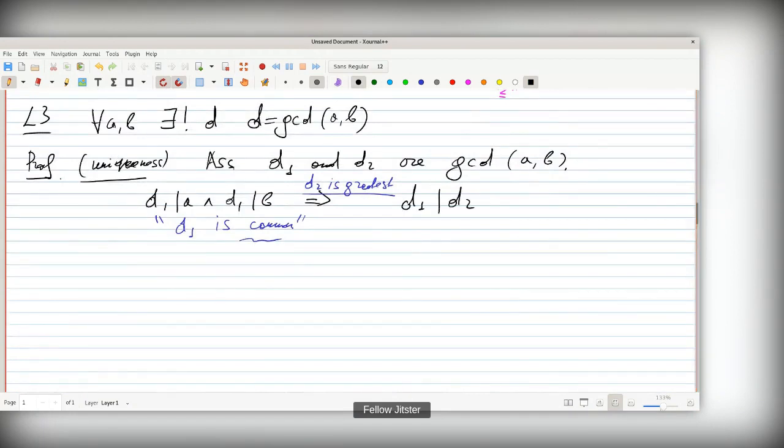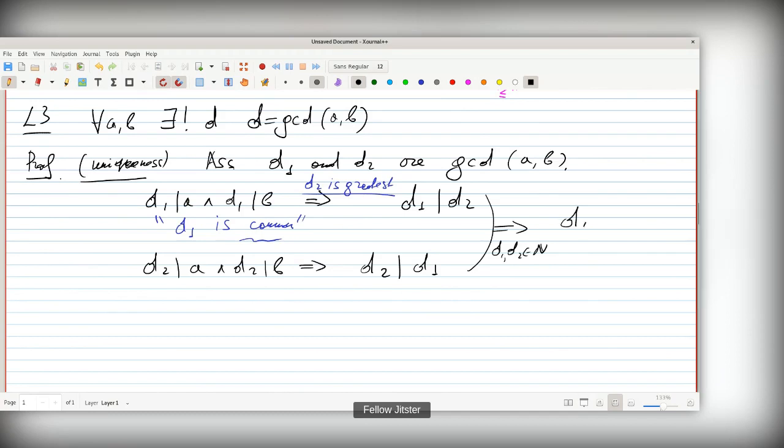And similarly, D2 is a common divisor. But D1 is the greatest common divisor. Hence, D2 must divide D1. So here we have these two divisibility statements, from which it follows that our numbers may differ in their signs only, but they are both naturals.